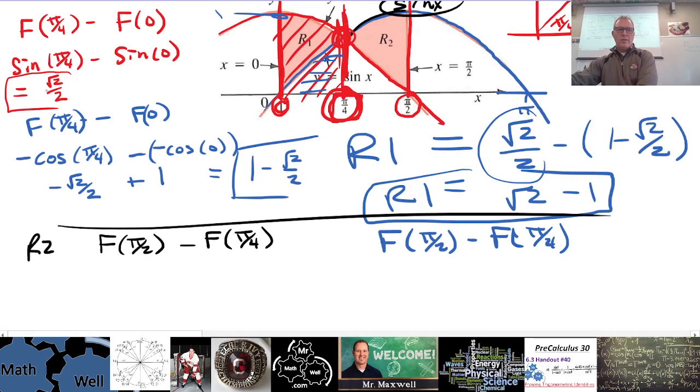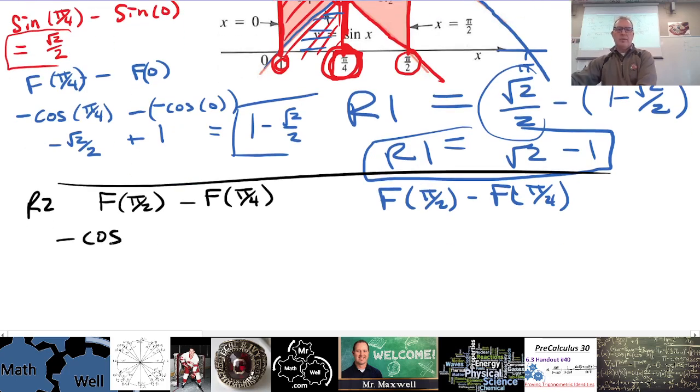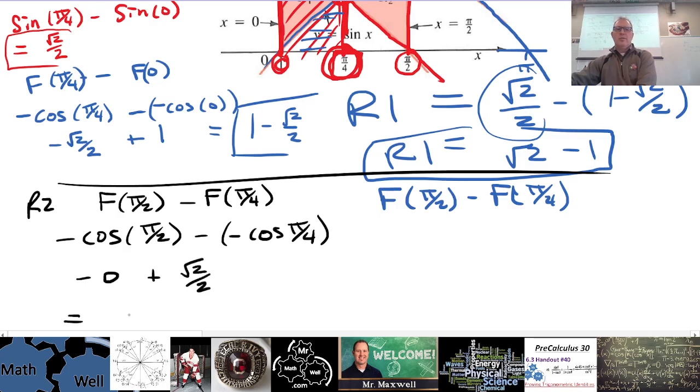We know the antiderivative of sine already, so that's going to be the negative cos. Cos of pi over 2 is 0. Cos of pi over 4 is root 2 over 2. So that's root 2 over 2.